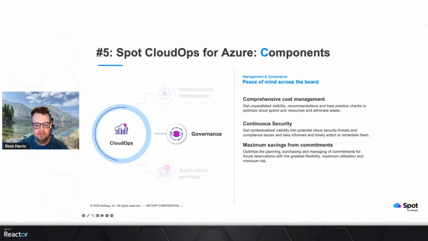If we could reduce up to 50% of the time that your engineer spends going through log spew or trying to find some kind of anomaly and looking for that crumb that will lead to what the bigger picture is, if we can automate that and make it more valuable for them to actually go fix the issue, or even automatically fix the issue, you give more time back to your teams to innovate and develop and iterate on your product. And we get you maximum savings for your commitments.